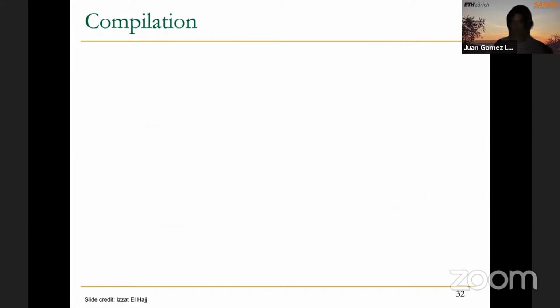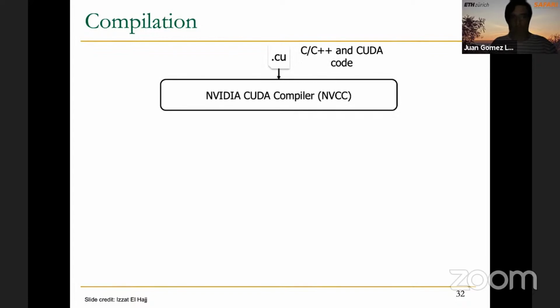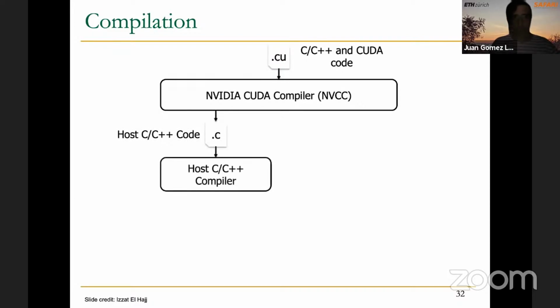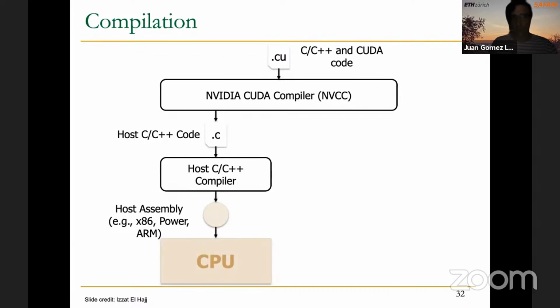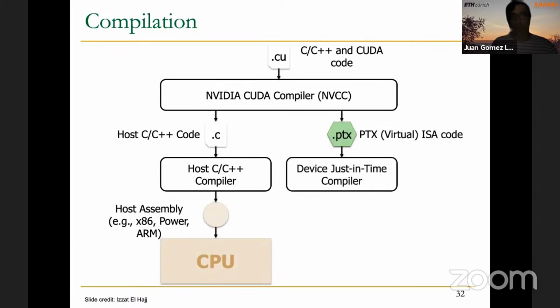Okay, in terms of compilation, as we have already discussed, we have C code and CUDA code in our programs. The CUDA SDK provides the NVIDIA CUDA compiler, NVCC. This compiler can distinguish between C code, which is later compiled by a host C or C++ compiler, and the code that is executed on the GPU. In the case of the GPU side, the NVCC compiler generates an intermediate representation called PTX.